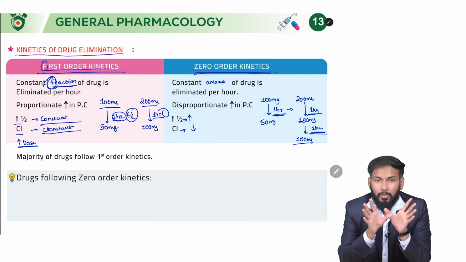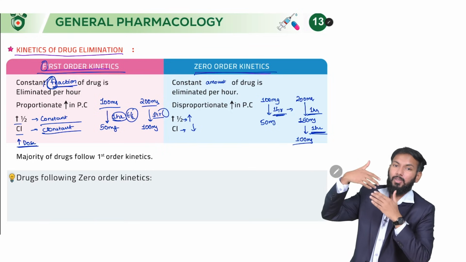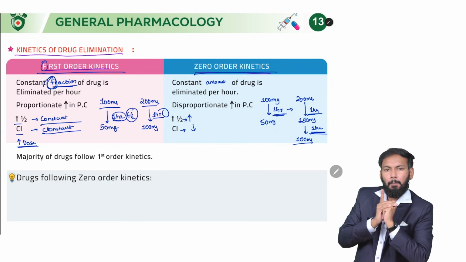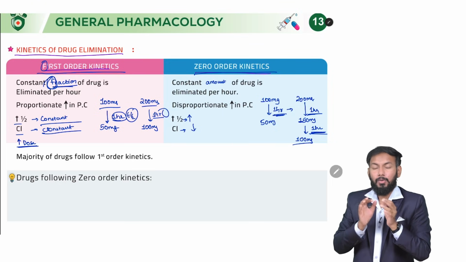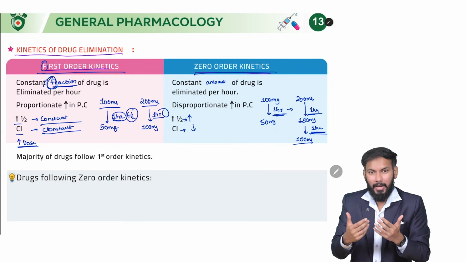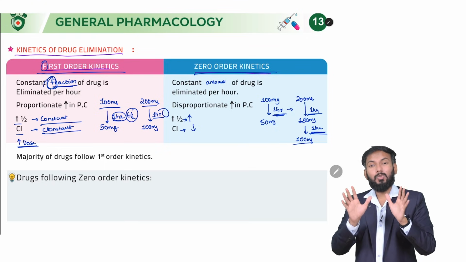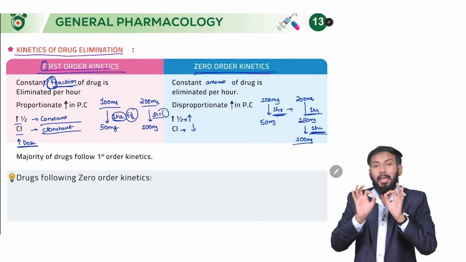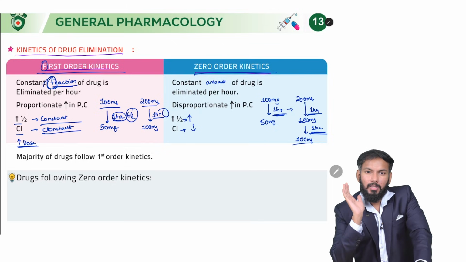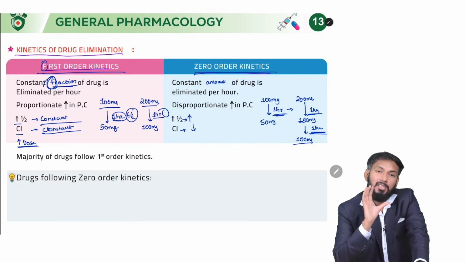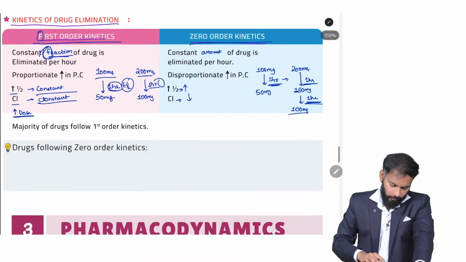So all the drugs will follow first order kinetics, but when these drugs are given in higher plasma concentrations, they will follow zero order kinetics. But there are some drugs which will follow zero order kinetics even in normal plasma concentration. This is what is important, especially therapeutic plasma concentration. What are those drugs?